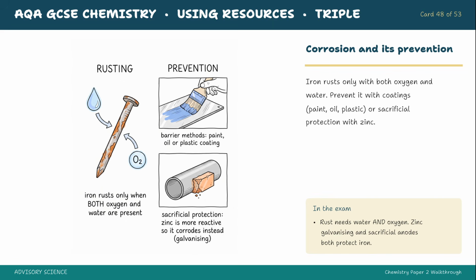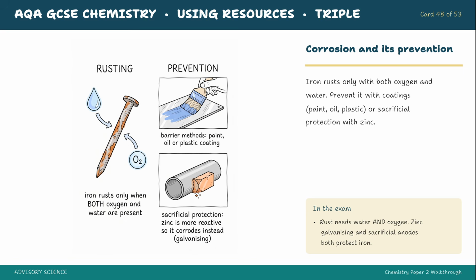Corrosion and its prevention. Corrosion is the destruction of materials by chemical reactions with substances in the environment. The rusting of iron is the key example, and it needs both oxygen and water to happen. If either one is missing, iron will not rust. We can prevent corrosion in 2 ways.